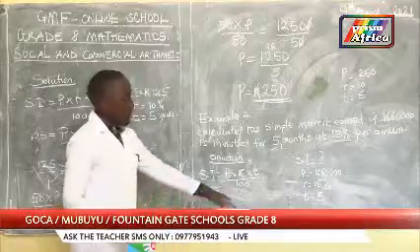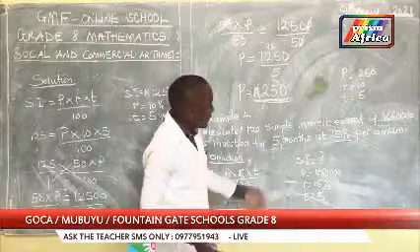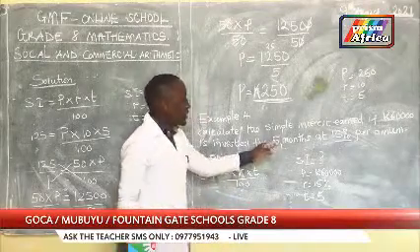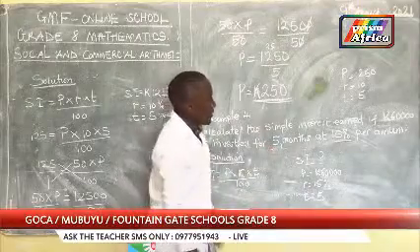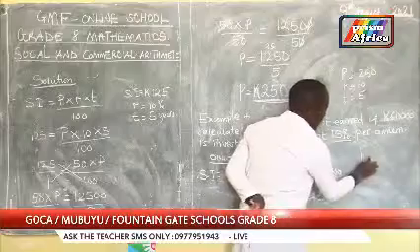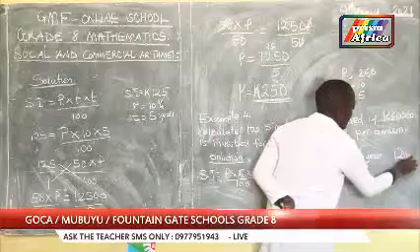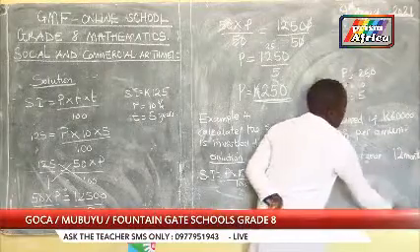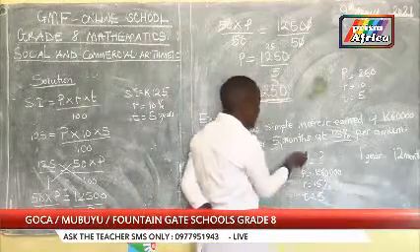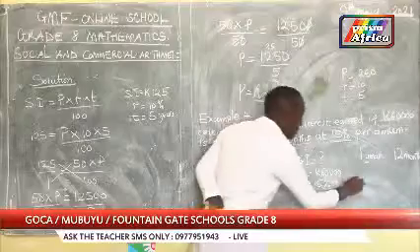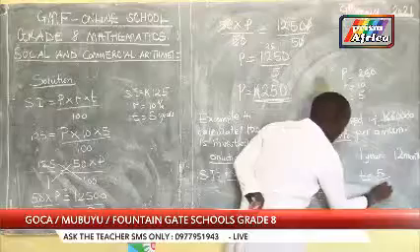Now I said that the time should always be in years. So when you have been given time in months, you should ensure that you convert the months which have been given into years. Now we know that in 1 year we have 12 months. Now what you have been given is 5 months. So the time, we'll just say the 5 months over 12.